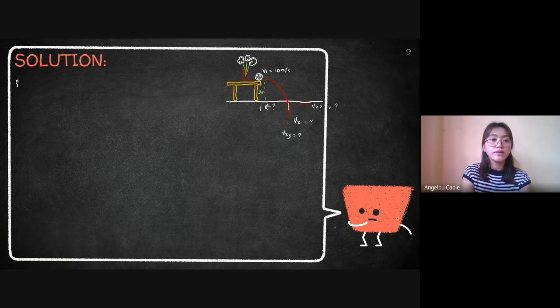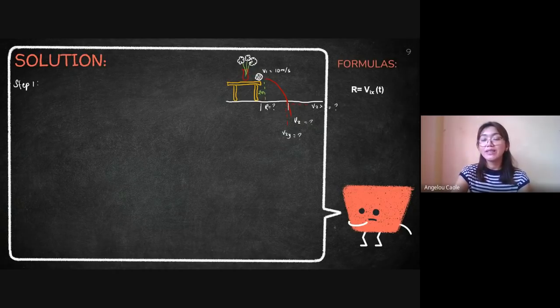For step 1, I'll present first our formulas. In getting the range, we have Vix times time. But of course, we cannot calculate the range without the value of time.